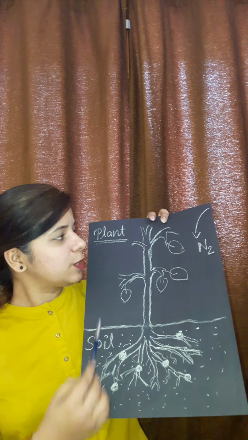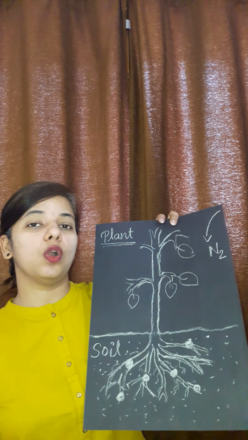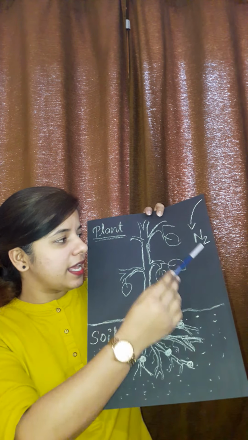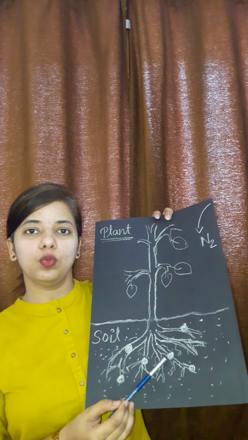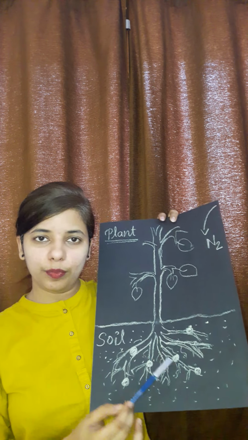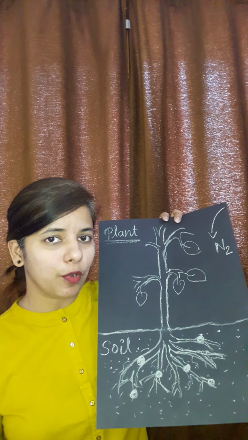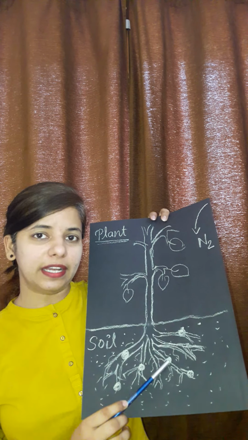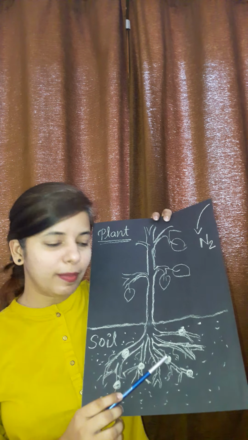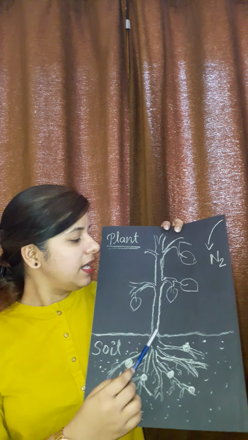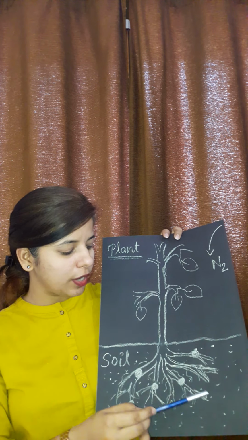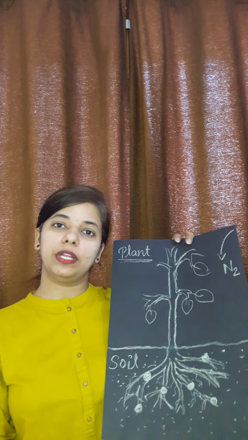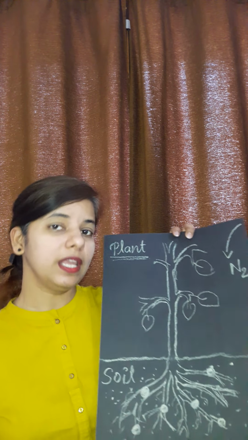So students, this particular process is called nitrogen fixation, where the nitrogen is fixed into the root nodules of the leguminous plants with the help of Rhizobium bacteria, and this nitrate and nitrite, which is converted by Rhizobium bacteria, is absorbed through the roots of the plants and circulated in the plant body for the formation of protein.